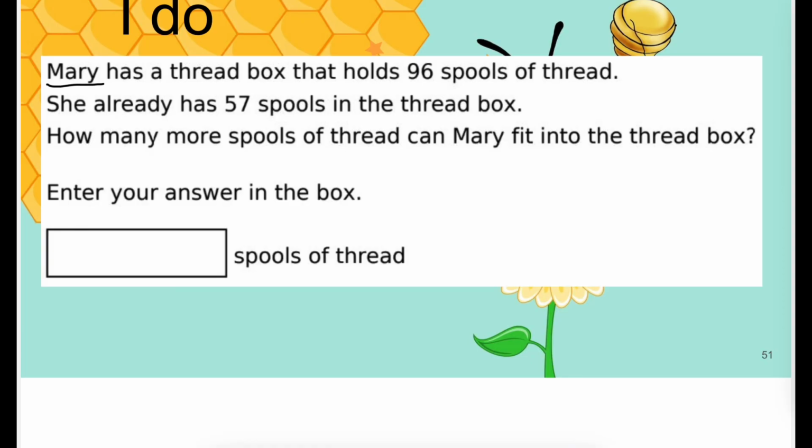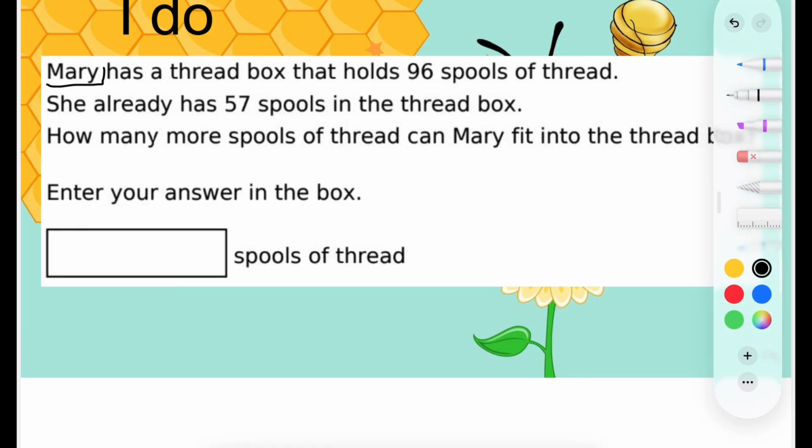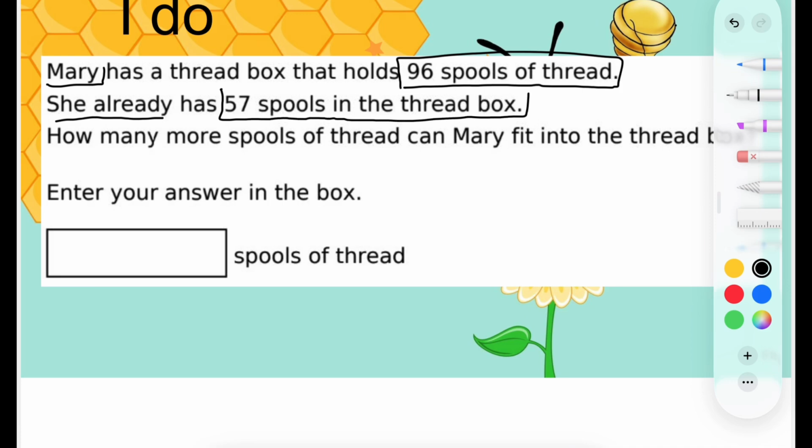The story is about Mary, and she has a thread box that holds 96 spools of thread. That's how many could be held inside the box. But she has not completed her box, because right now she already has 57 spools in the thread box. So the box could hold 96, but it only has 57.